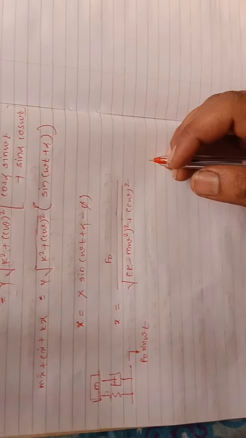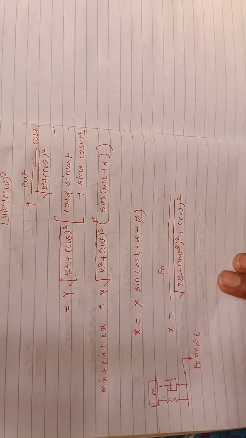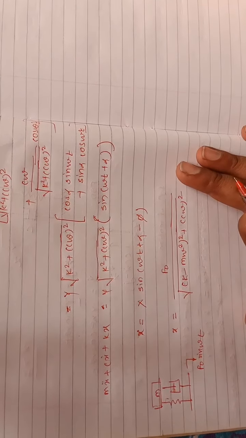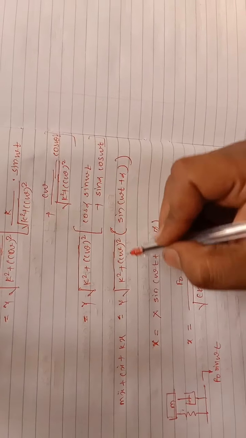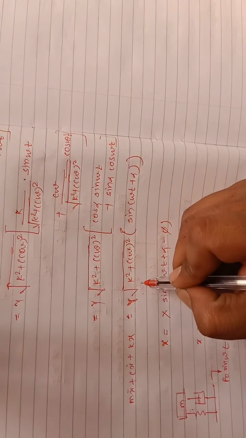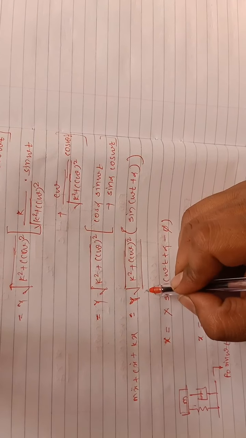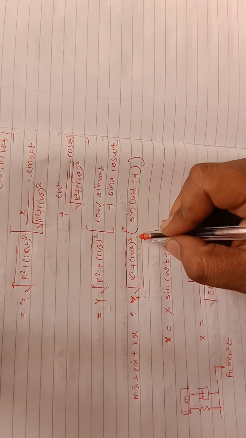And in our case the excitation due to support is Y sin omega t plus alpha, and in this case the amplitude is Y square root of k square plus (c omega) square.